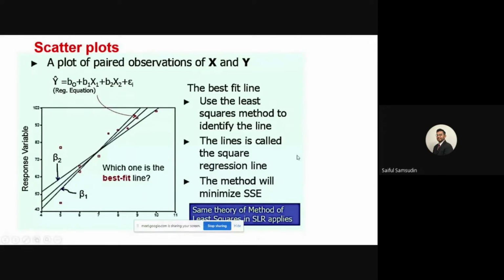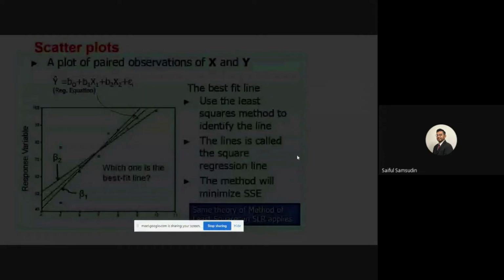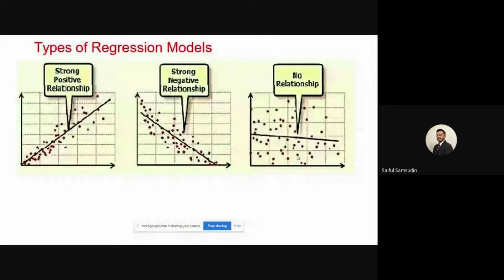All right. So the next one is the types of regression model. When we get this graph, we know that it's a strong positive relationship because the tabulation of the data is near a straight line.